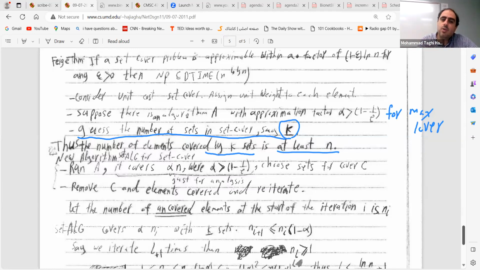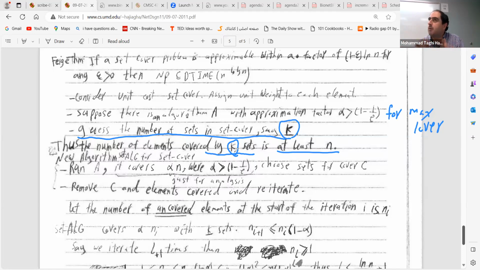Now this is the new algorithm that I will do for set cover. I will run A, giving it the same K, because the maximum coverage problem has K as an input. I will give this K to A and find the best solution that maximizes coverage.